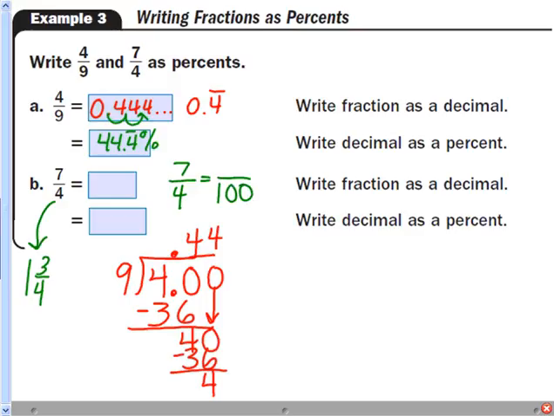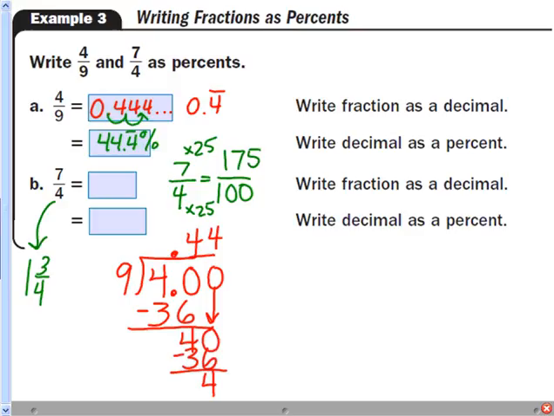I don't have to do long division in this case because 4 times 25 is 100. So I can just go 7 times 25 and get my numerator here. And I know it takes 4 25s to make 100, so I'm going to have 100 plus 3 more 25s, 75.